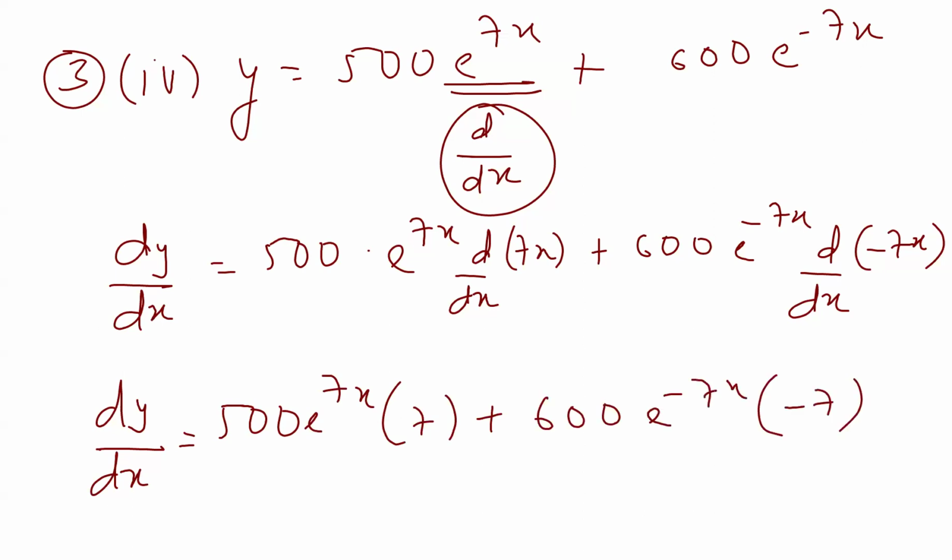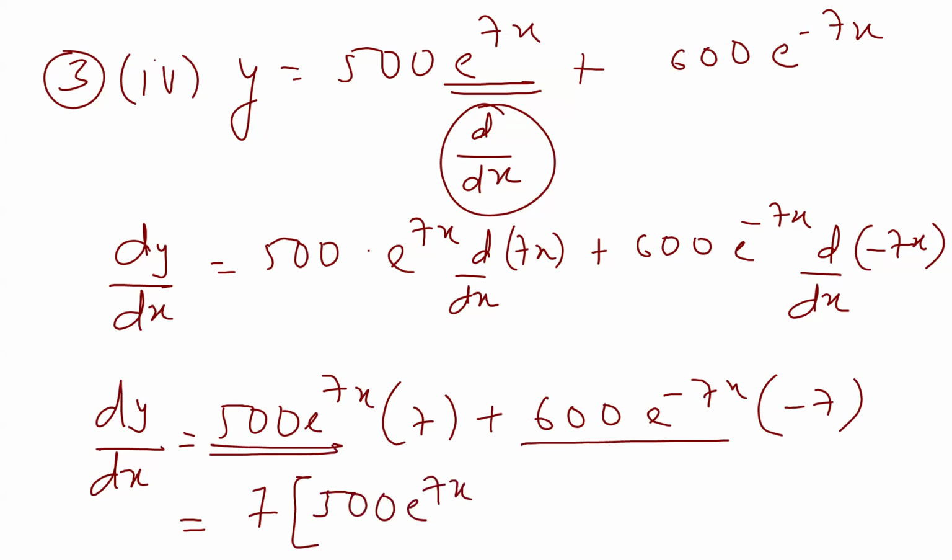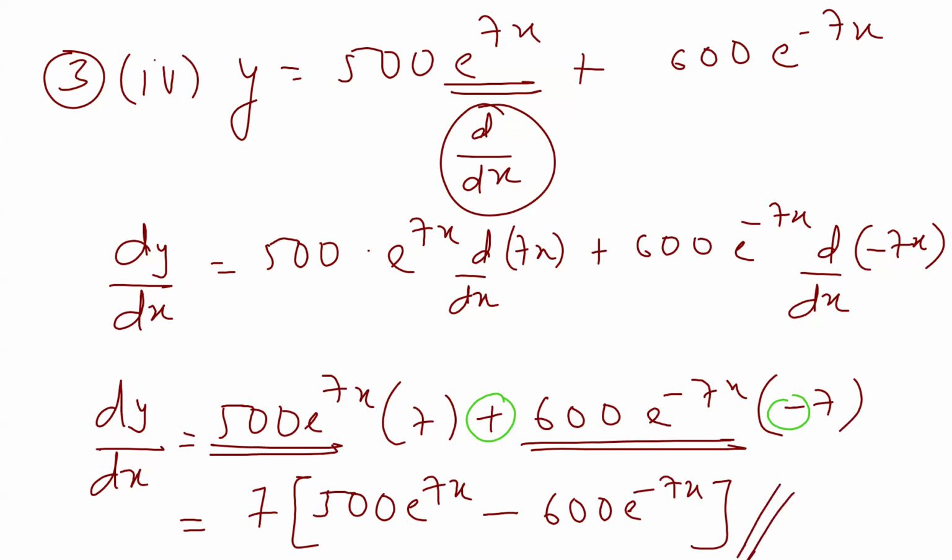So this in turn, I'll take 7 common. This step is very important. 500 e raised to 7x, I'm taking 7 common, so 600 e raised to minus 7x, but at the same time, this plus into this minus will be minus in between. So this is the value of dy by dx.